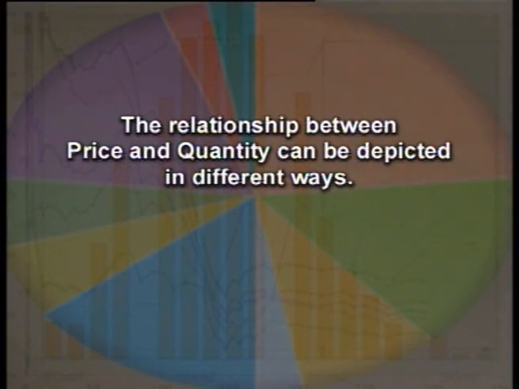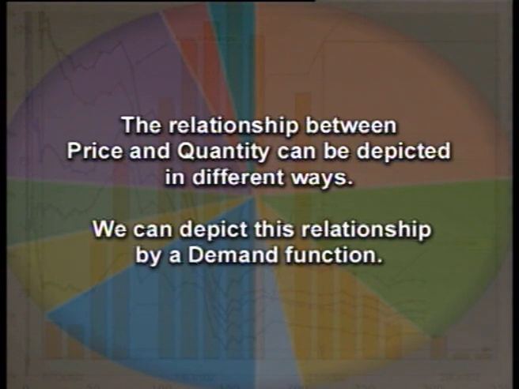Demand can be explained or depicted in different ways. In other words, the relationship between price and quantity can be depicted in different ways. We can depict the relationship between price and quantity demanded by a function, a demand function.